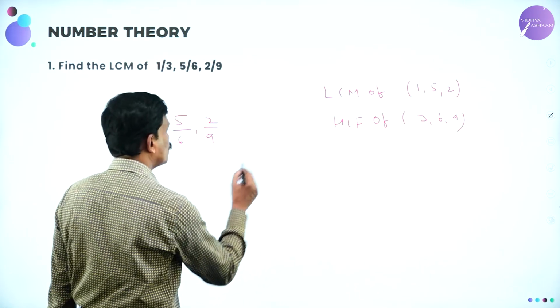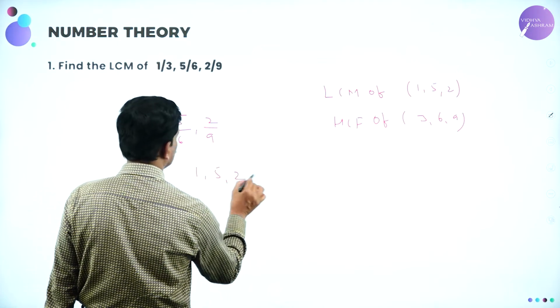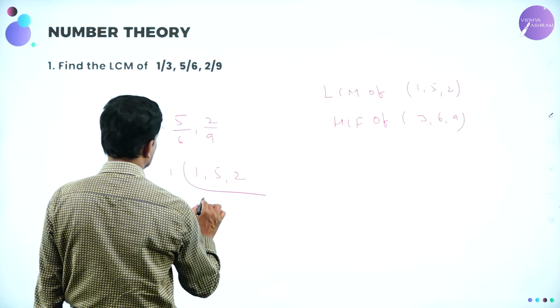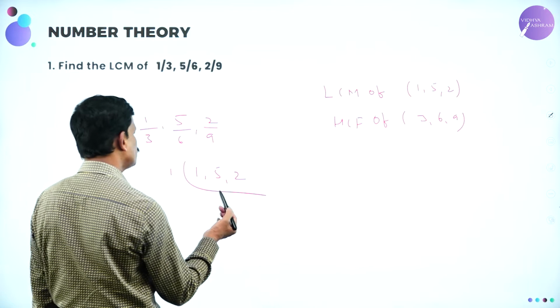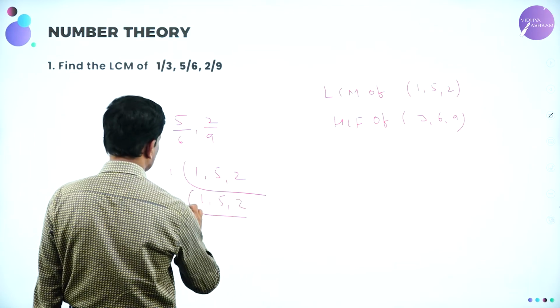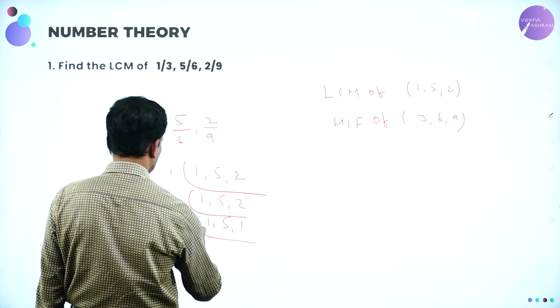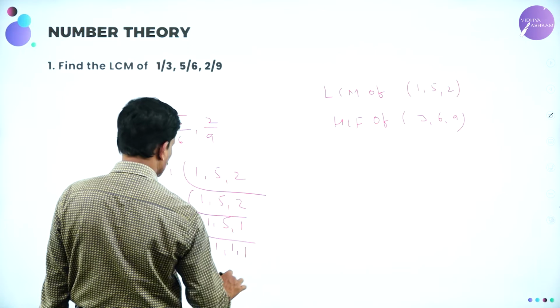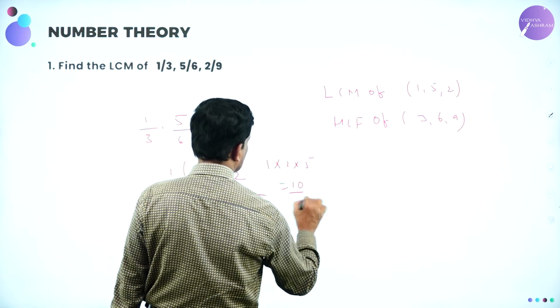The LCM of numerators 1, 5, 2. So 1, this is from 2, this is as it is. 1, 5, 2, again from 2, again from 5. So therefore 1 into 2 into 5, that is nothing but 10, is the LCM.